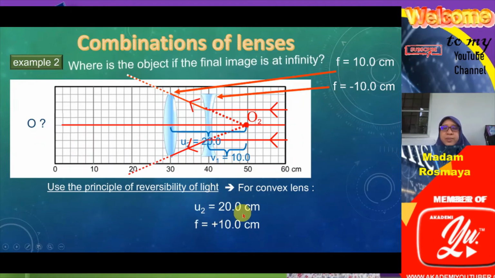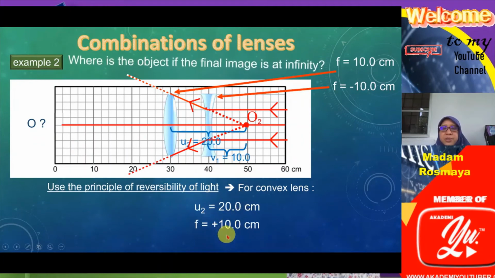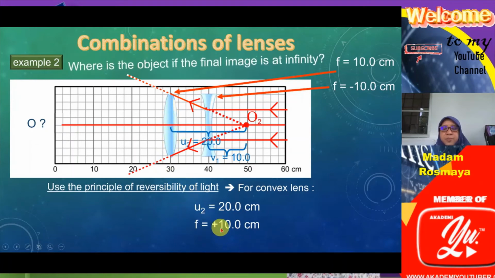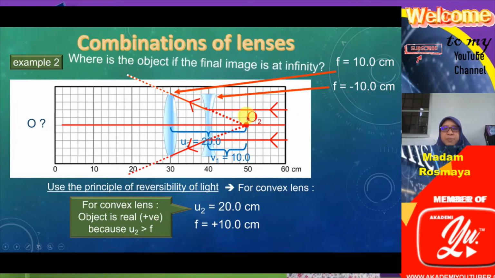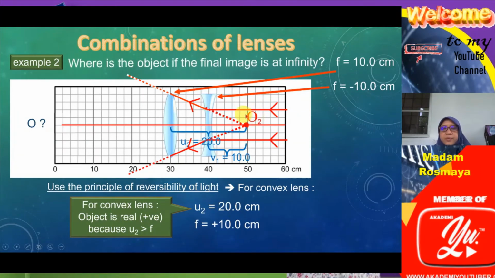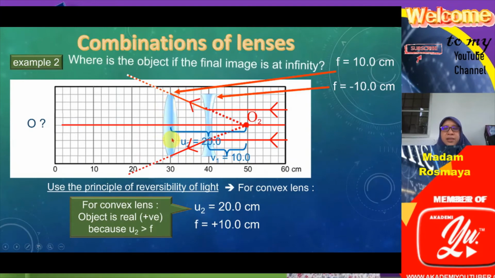So U2 is 20 cm, and F is positive because this is a convex lens. The object distance is positive because this is a real object.